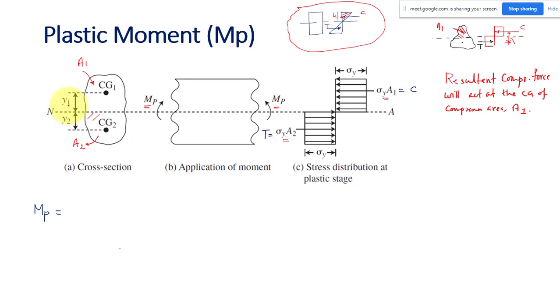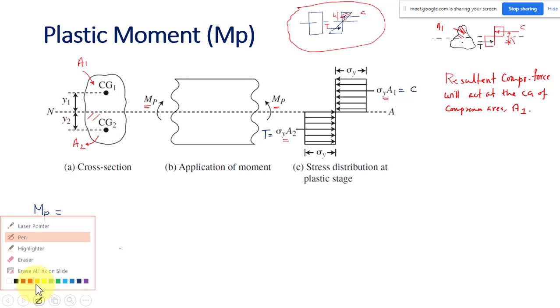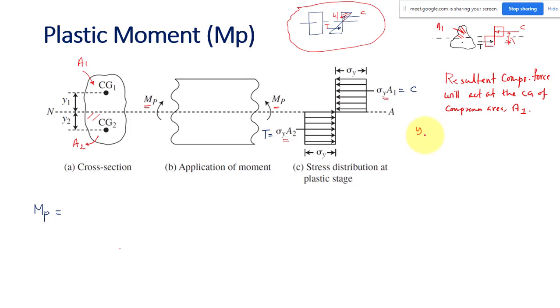So now let us say this is y1, the distance of the CG of the compression area from the neutral axis.